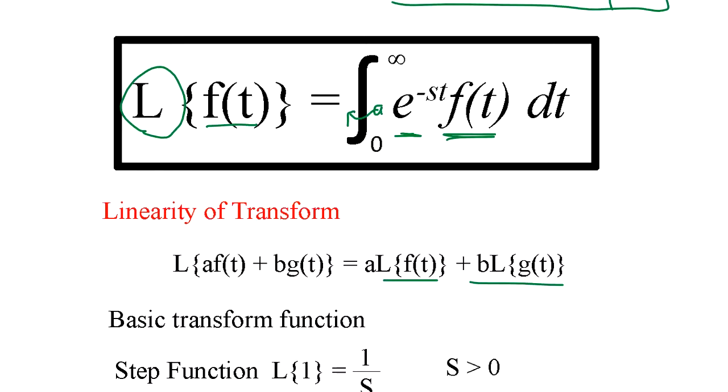That means when we organize the transformed function into two terms in a linear fashion with a and b, then we can inverse transform each one to get the original function.